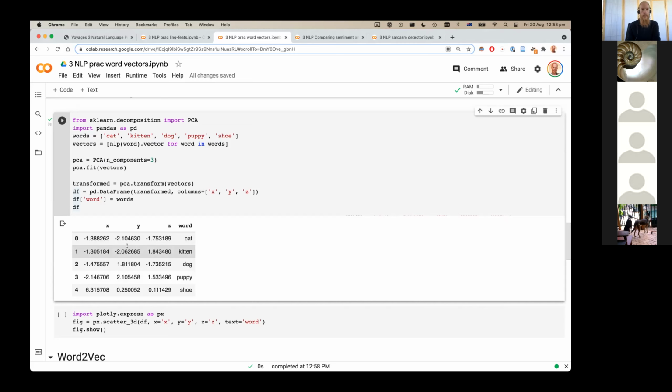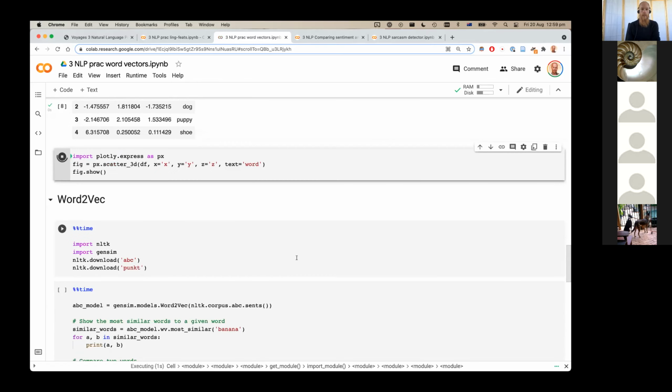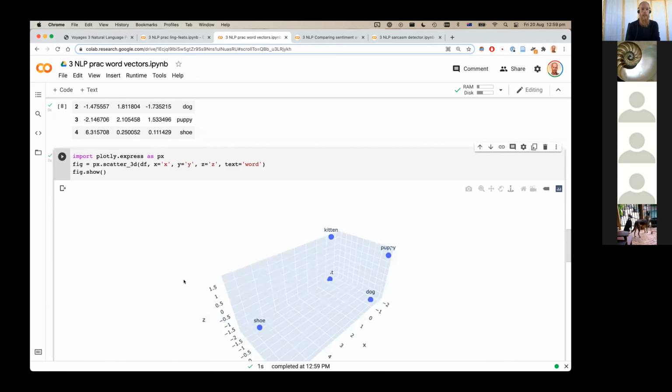And the y values there are within a pretty close range. The y value here is quite low. And the z's also have a kind of clustering of these, whereas the z-axis value of shoe is quite low. So again, you could look at that and have an intuitive feeling for the relationships, but there's nothing quite like seeing a visualization of it.